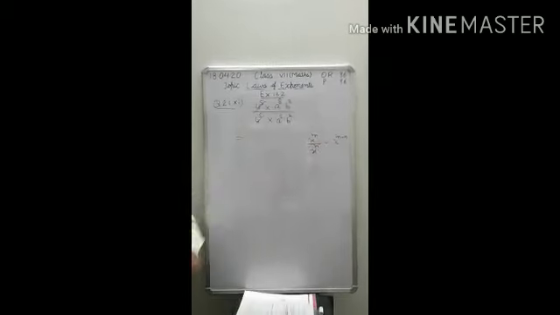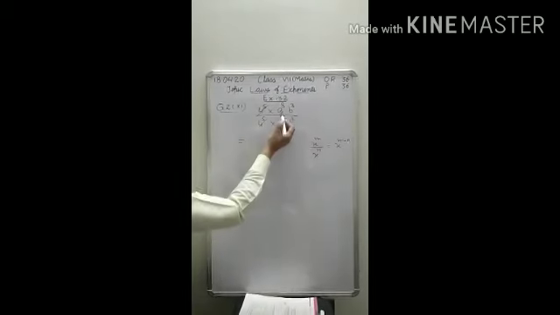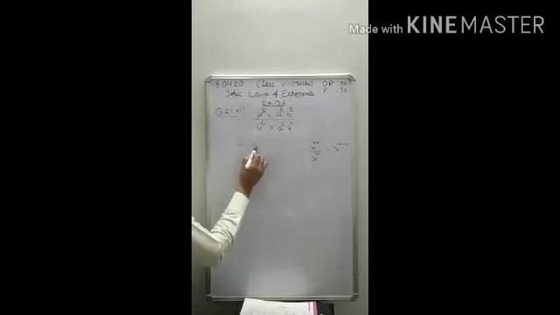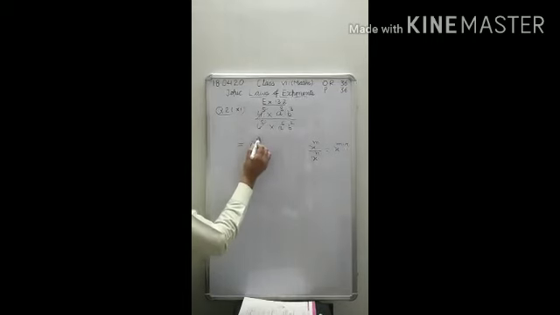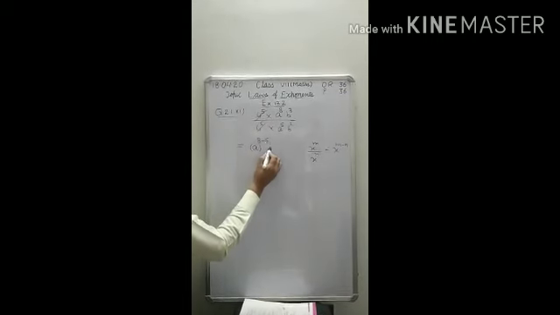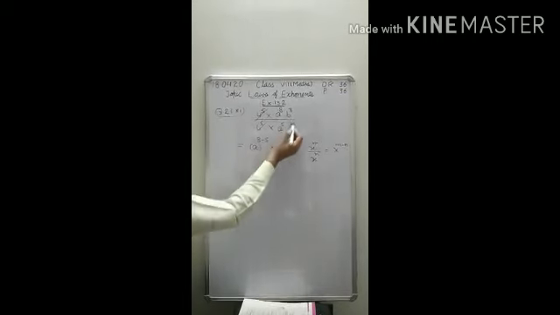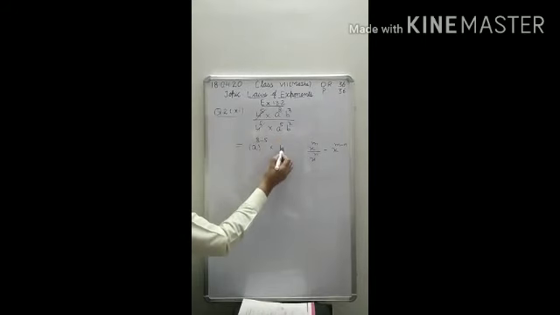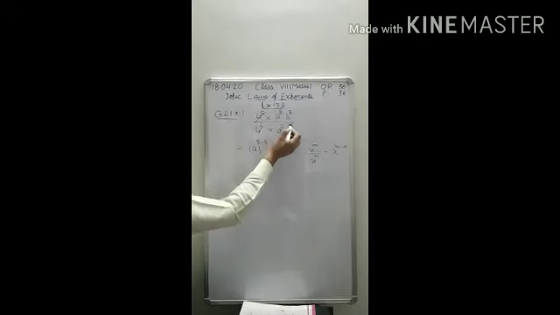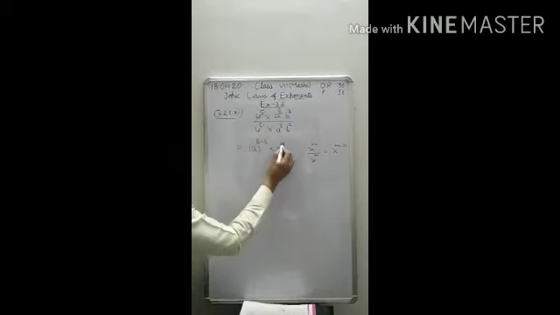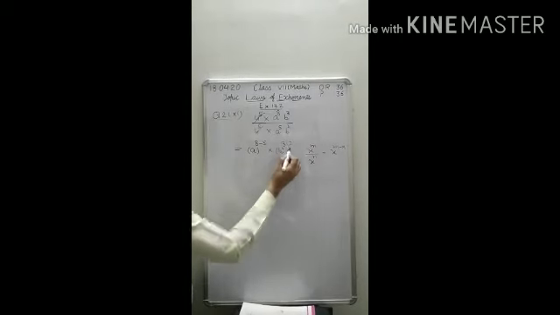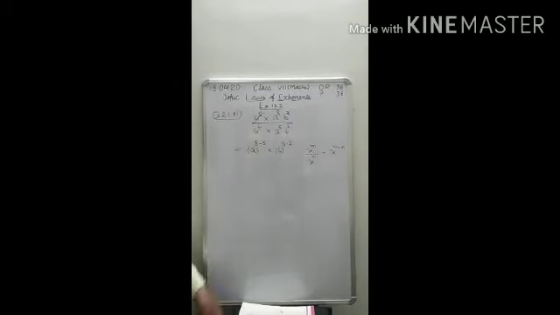So according to this identity, what will you do? You will have to write it as a raised to the power 8 minus 5 into b raised to the power, upper power minus lower power, that is 3 minus 2. Now it is very easy to solve.